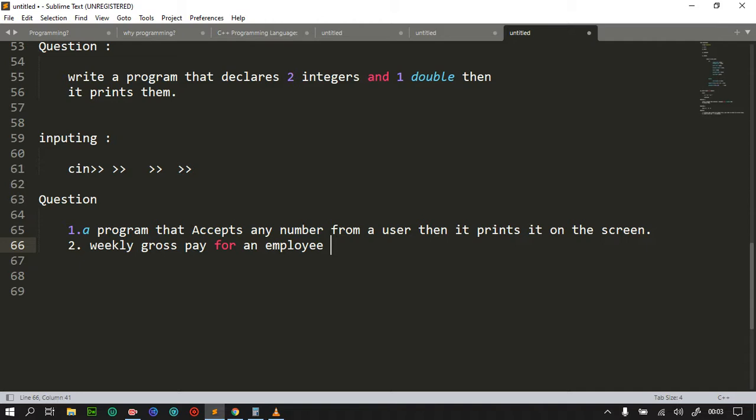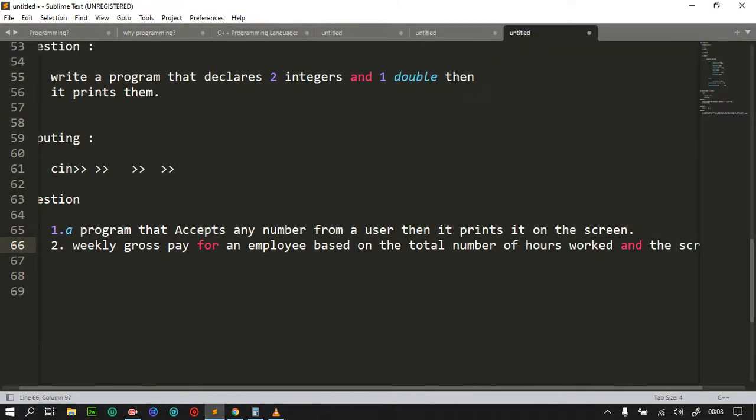So, weekly gross pay for an employee based on the total number of hours worked and the hourly pay rate. Okay, I believe this is a beautiful question to start with.